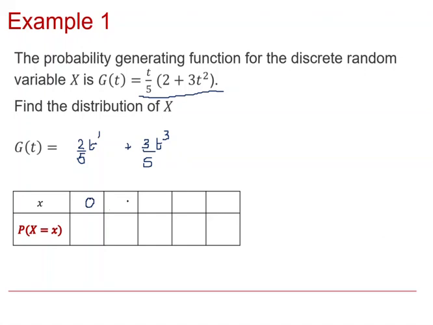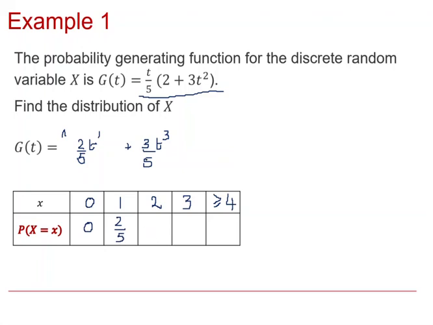So we know that the outcomes of x are going between 1 and 3, but it's a discrete random variable. We could have 0, 1, 2, 3, and we obviously could have a value bigger than 3. But if we look at our generating function, the coefficient of t to the 0, well, there is none, so it's 0. The coefficient of t to the power 1 is 2/5, and that's the probability x equals 1.